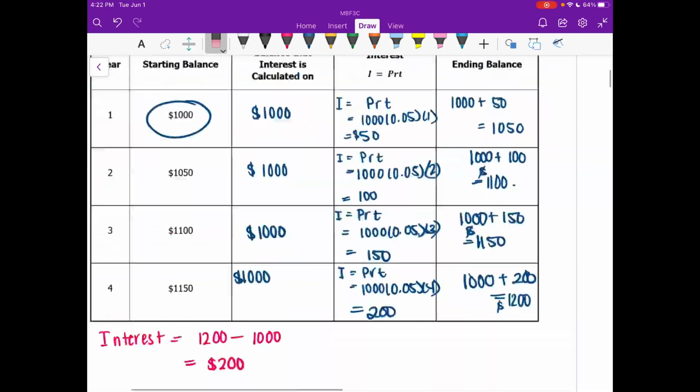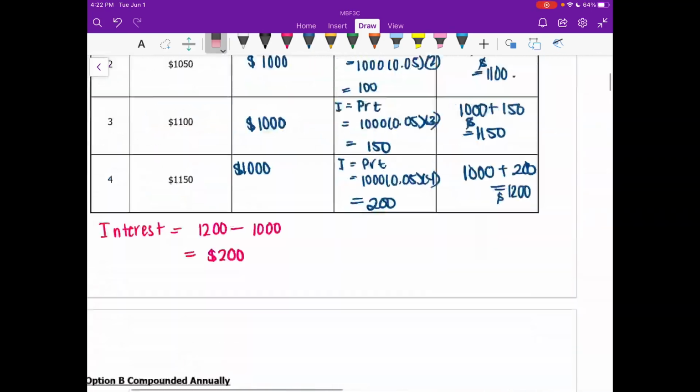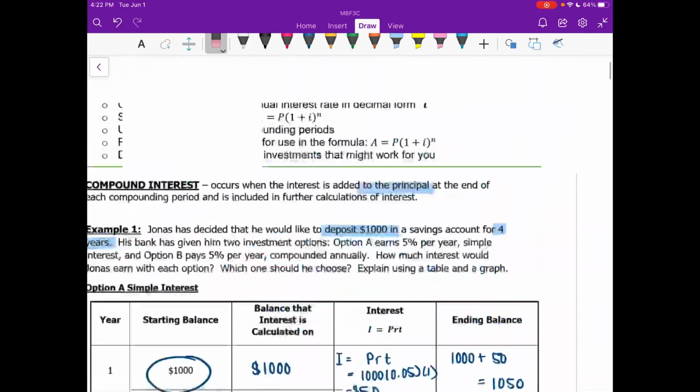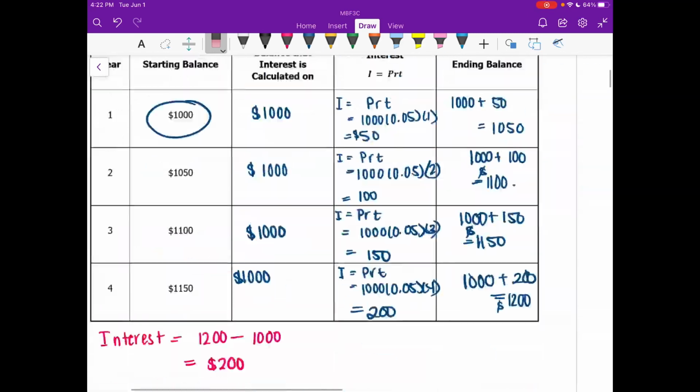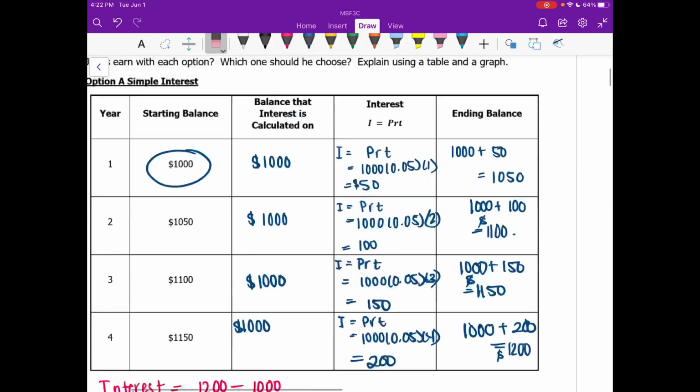So the obvious choice out of all three of these is the one that you make more money with. So option 3 is better because you make more money on your investment.